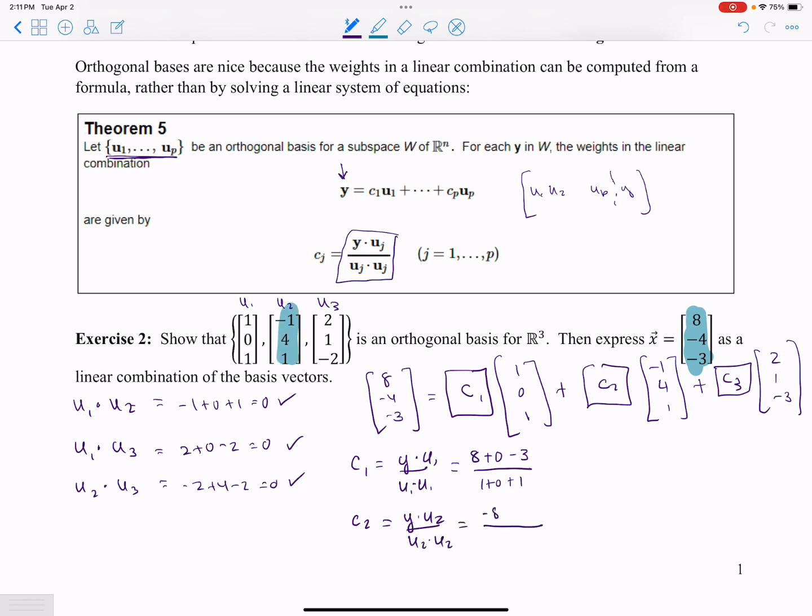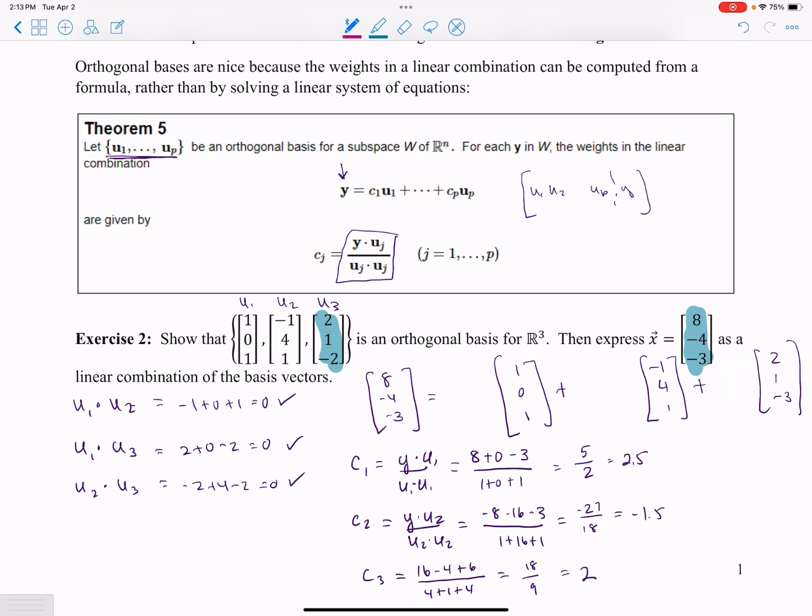I get -8 minus 16. And for C3, u3 dot y, or x, is 16 minus 4 plus 6 over 4 plus 1 plus 4. Simplifying, I have 2.5, negative 1.5, and 2. So my weights would be 2.5, negative 1.5, and 2.